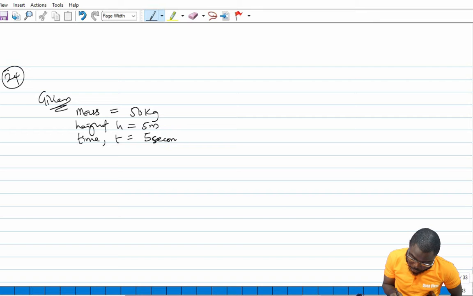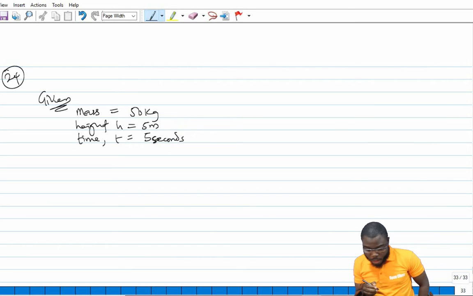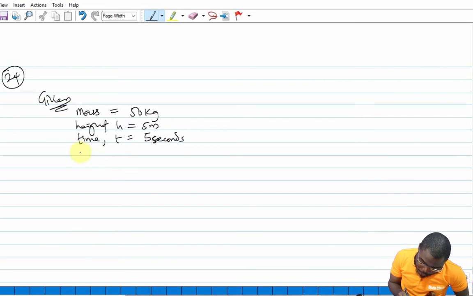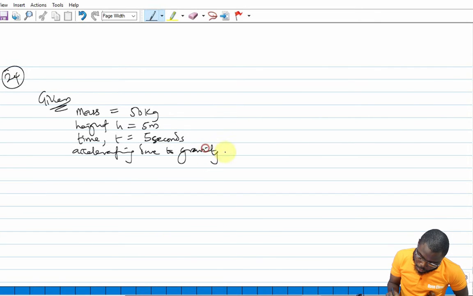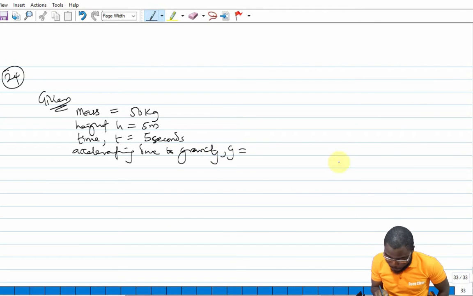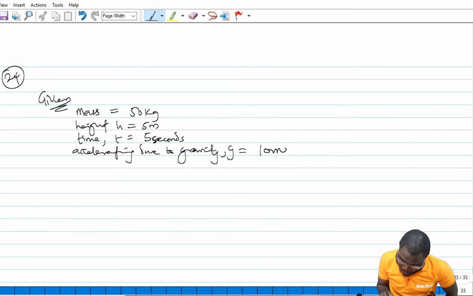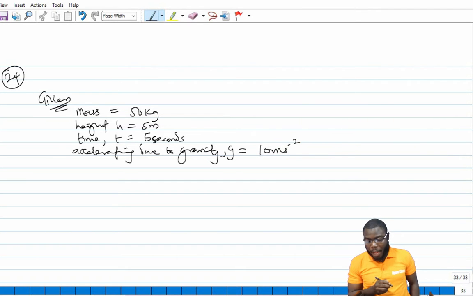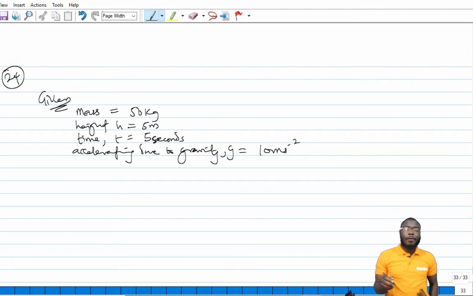Then the acceleration due to gravity g is given to be 10 meter per second square. So the power expended is what?